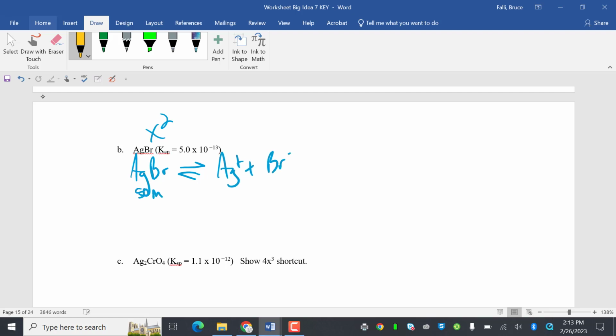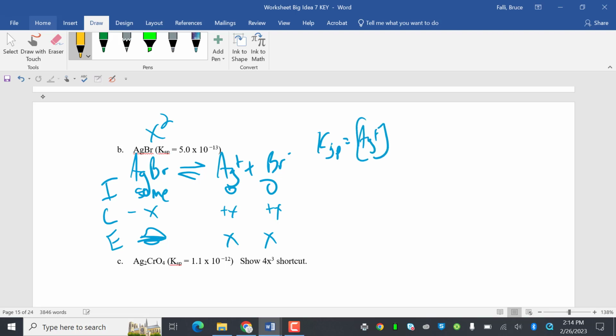Initial 0, 0, change minus x plus x plus x, and at equilibrium x and x. Ksp is Ag positive to the first power times Br negative to the first power, x squared equals 5 e negative 13.